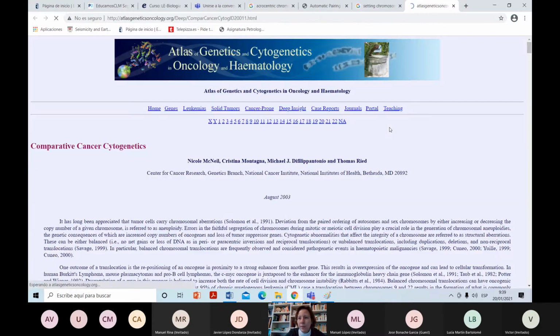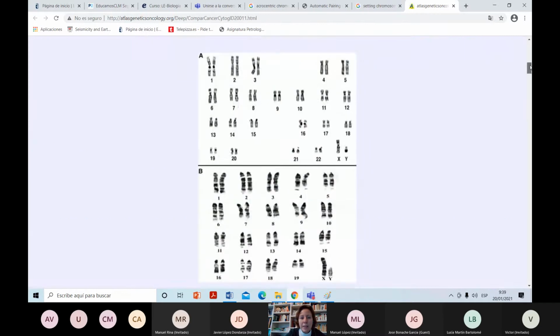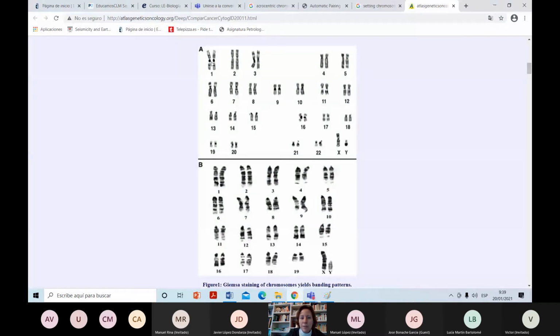But both of them contain the same information, or at least information referring to the same character. As long as this part of the chromosome coming from the mom contains the information about the color of the eye, this part of the other chromosome will also include information about the color of the eye.